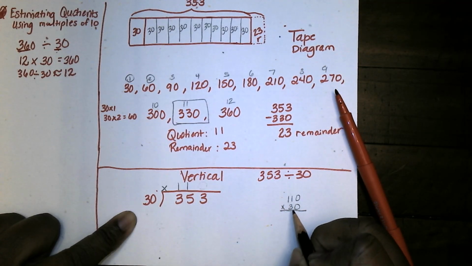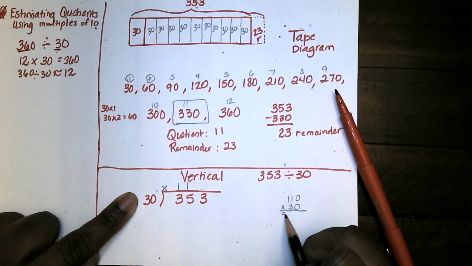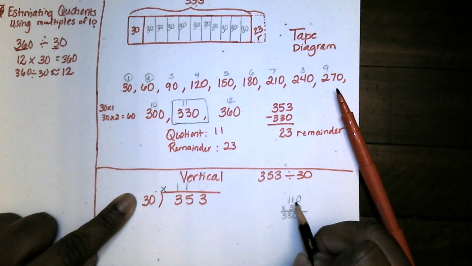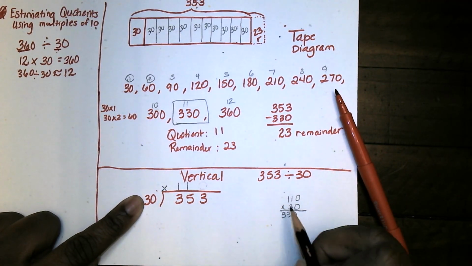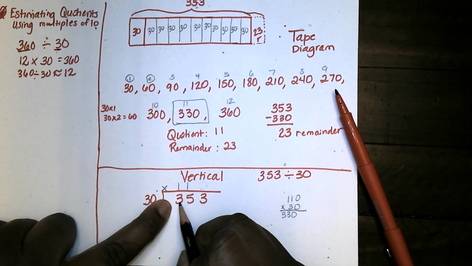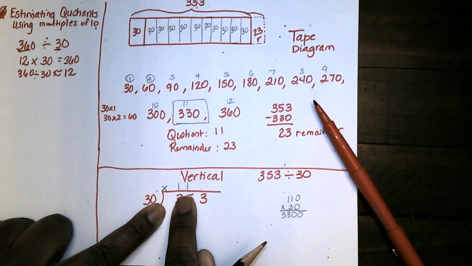Now I know 11 times 30 is 330, but if I did 110 times 30, because it's in that position here in the hundreds place, then that means 3,300, and that is not our number.